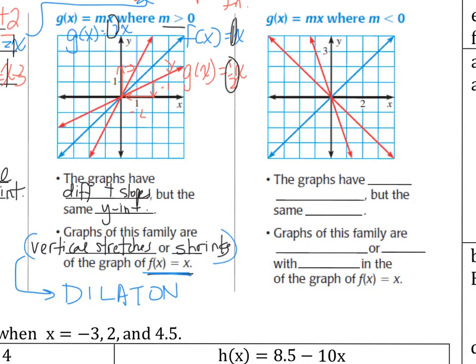Now when we have g of x equals mx, where m is negative, then the graphs will reflect about the x-axis. So what do I mean by this? Let's first label this graph as f of x equals x. And let's label this graph to be g of x equals negative x.